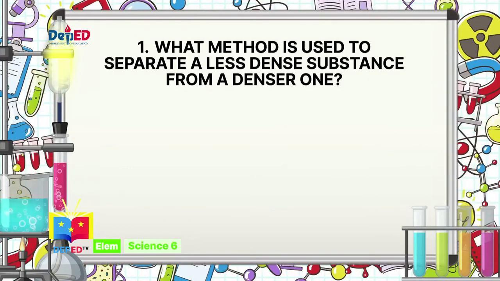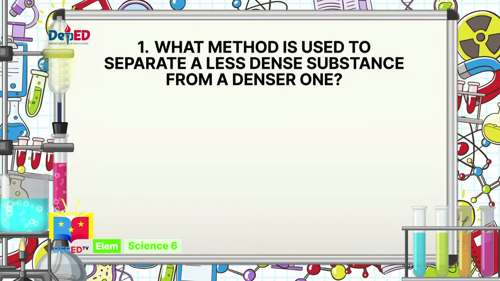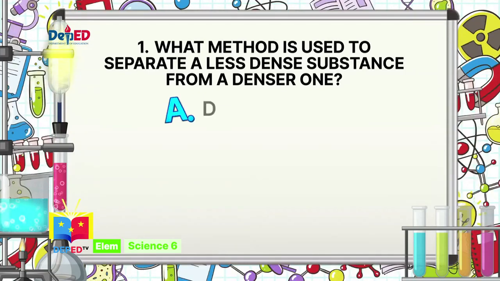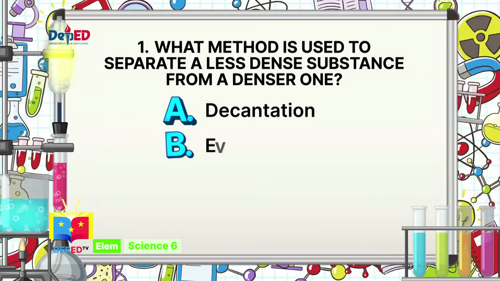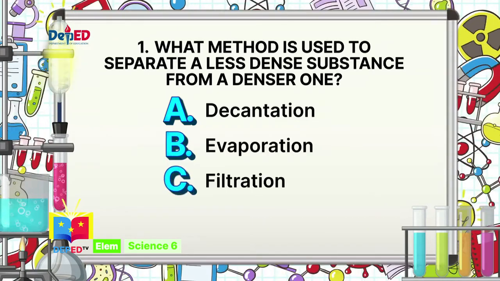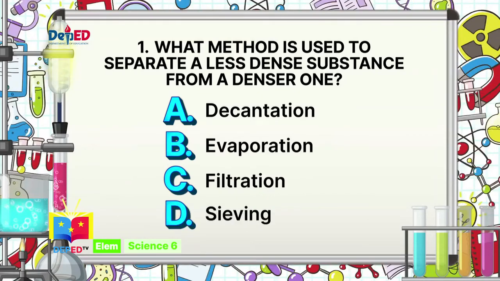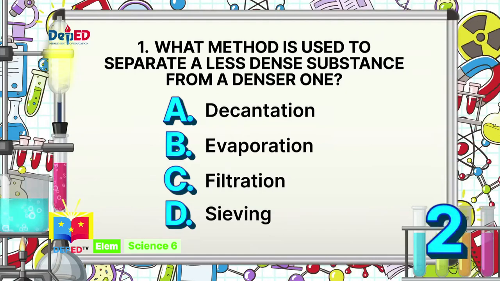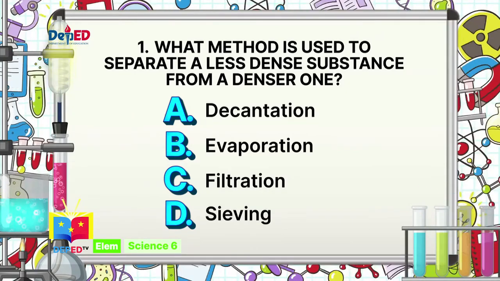What method is used to separate a less dense substance from a denser one? A. Decantation. B. Evaporation. C. Filtration. D. Sieving. The correct answer is A.